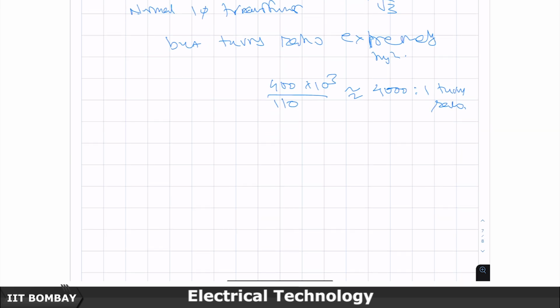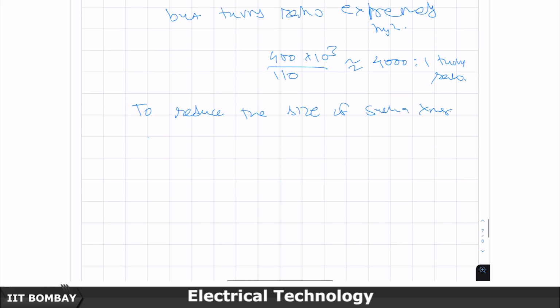Now, to reduce the size of such a voltage transformer, what is usually done is a potential grading philosophy is used.